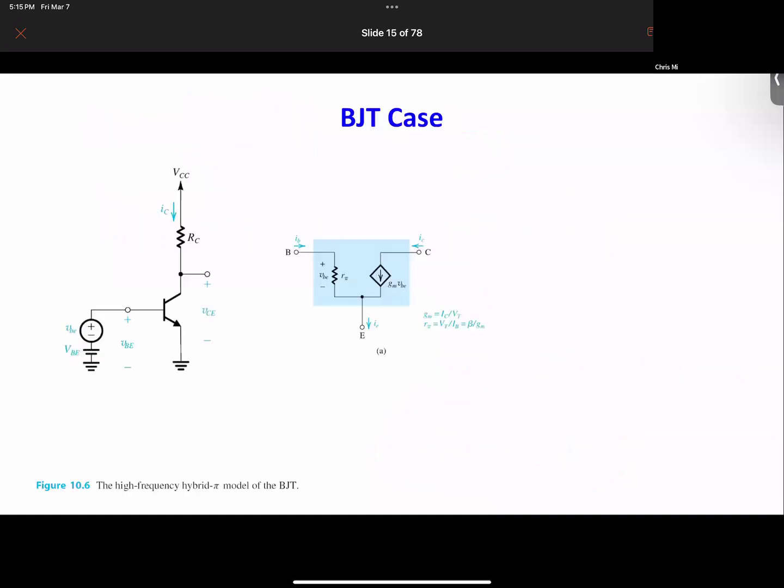So this is what we have with our MOSFET. For the BJT, the structure is a little bit simpler. If you recall the device structure of a BJT, you have N-type, P-type, and N-type, so NPN.